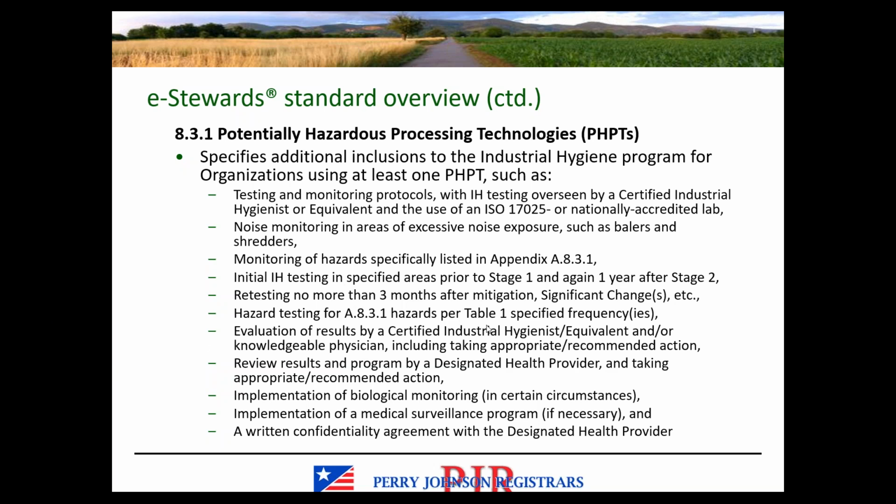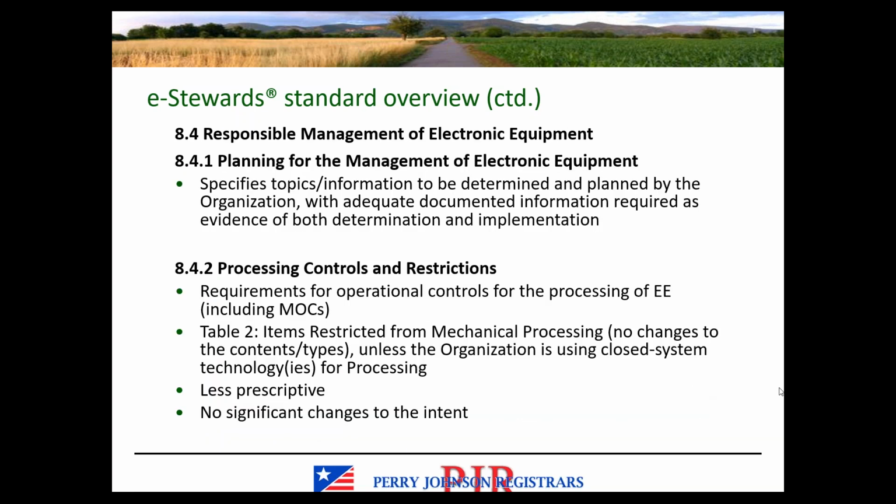There's a table of different types of hazards to find the frequencies. It specifies the certified industrial hygienist or equivalent, and that is a defined term within the standard as well. Some circumstances may require biological monitoring. Some may require a medical surveillance program and a written confidentiality agreement with the designated health provider.